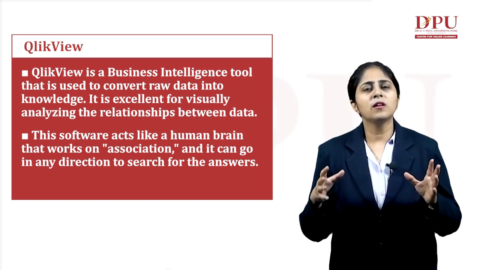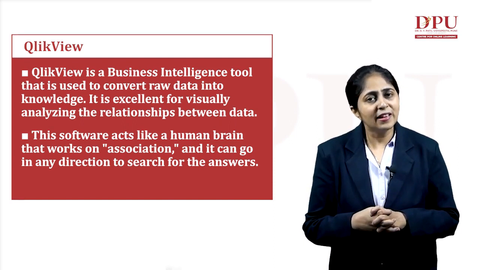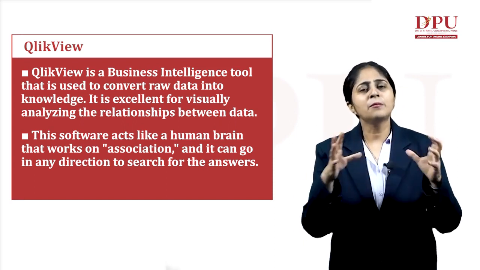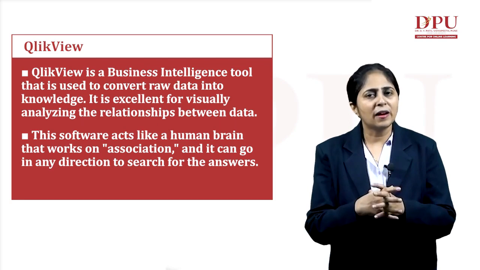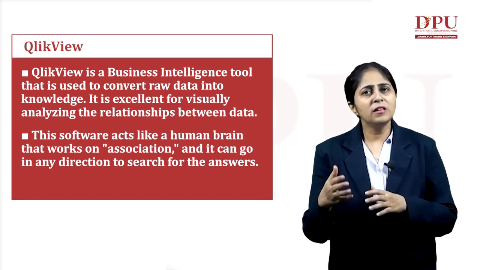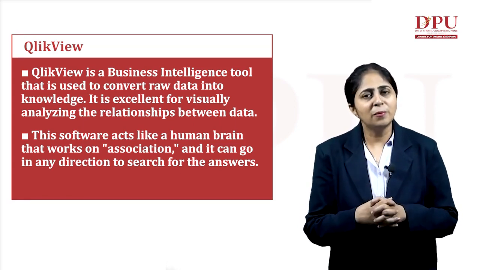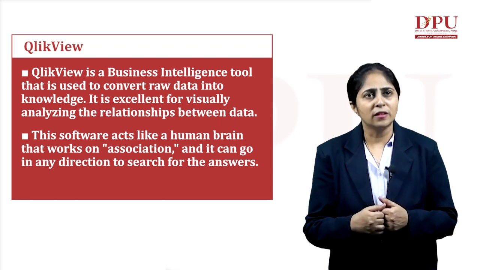Whatever data it gets, it will start forming certain patterns for associating that data. So using these kinds of techniques, it is actually acting like the brain of a human.